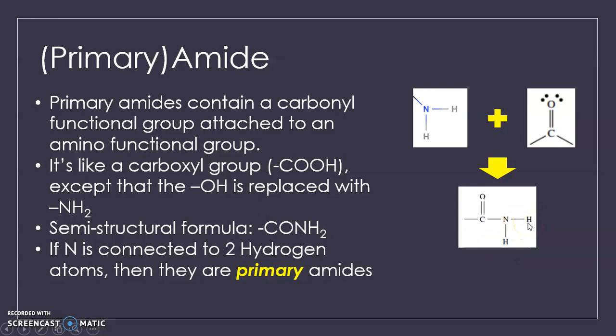If I swap any of these hydrogens for an alkyl group, then it becomes a secondary amide, or a tertiary amide when this nitrogen is occupied by 2 other carbons. The semi-structural formula for a primary amide is CO directly linked to an amino functional group.